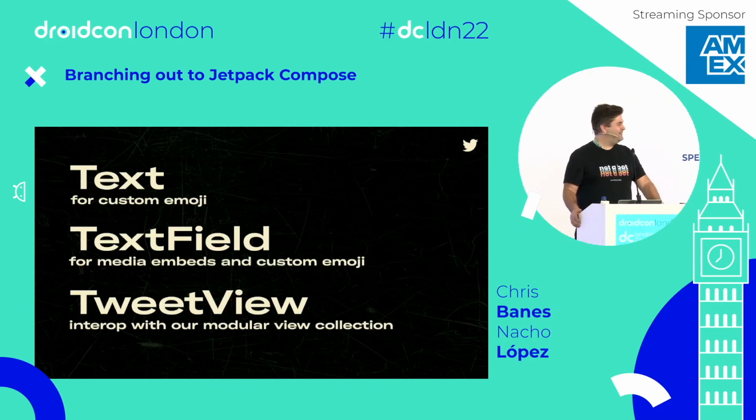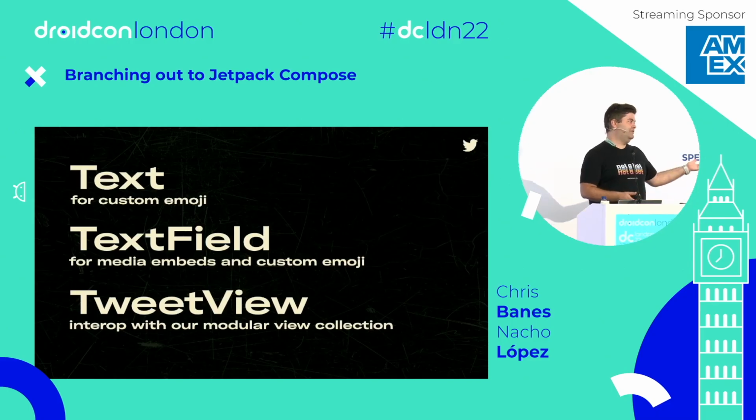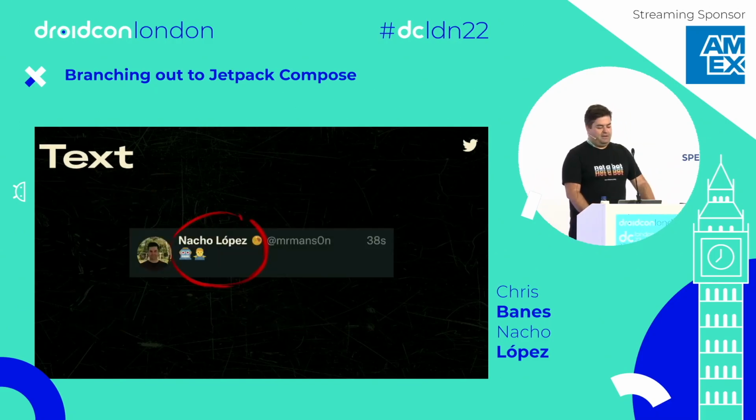Basically, everything is a timeline and everything has tweets around. So we are rewriting tweet view in Compose right now, but it's going to be a slow process. For now, if you want to render a tweet, you have to use Android View and set up on top of it.